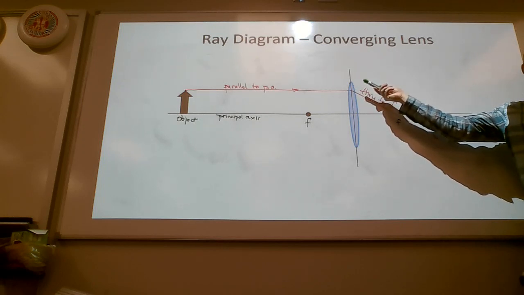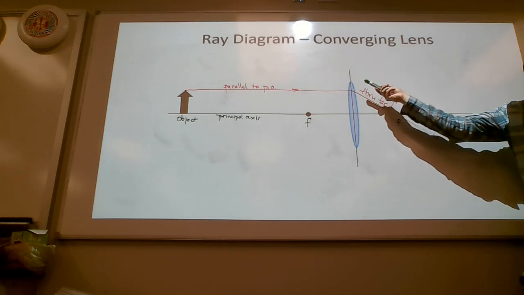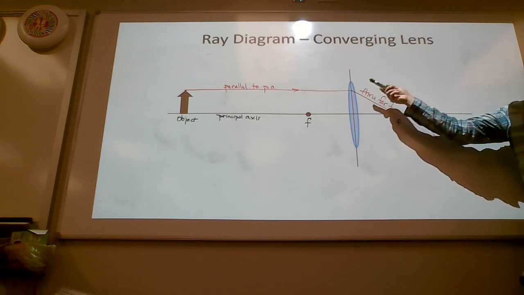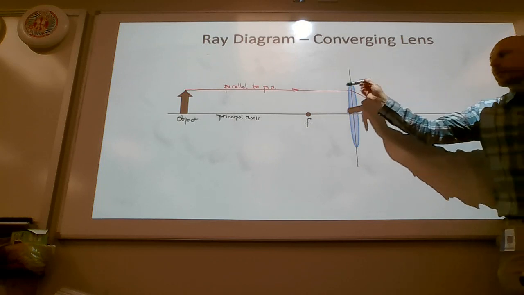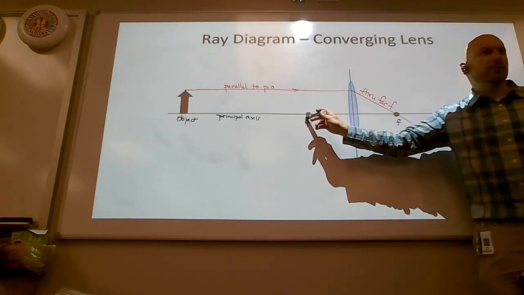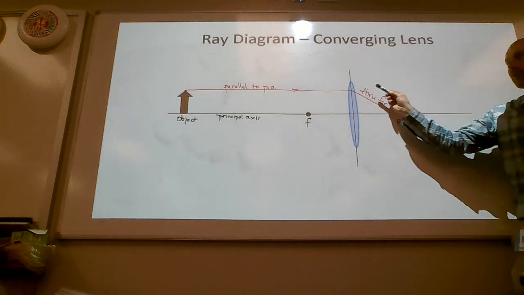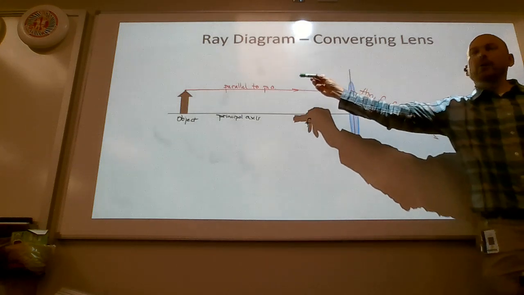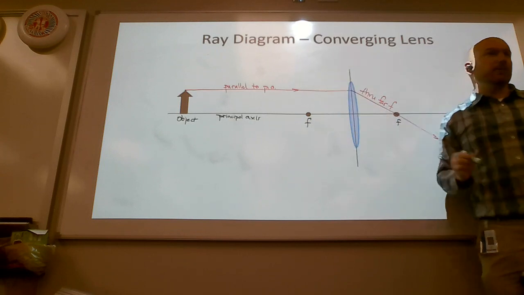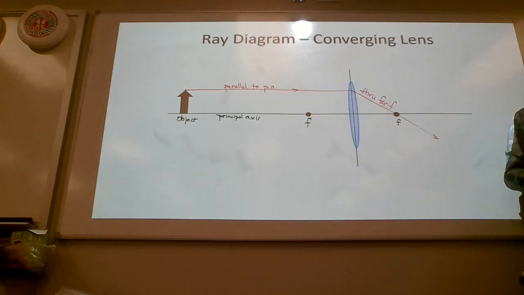How's it going to refract? How's it going to bend? If it was coming in parallel, then it would refract through this. But this is not coming in parallel. It's actually going to reverse this same path and go parallel. You right with that?